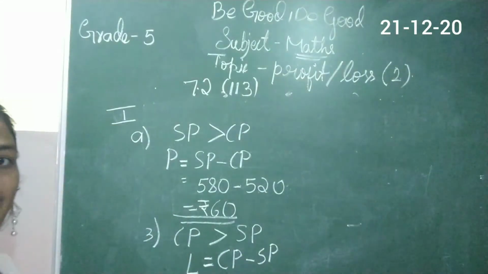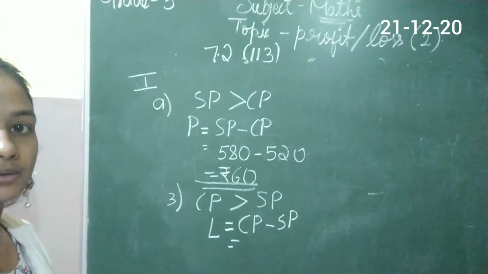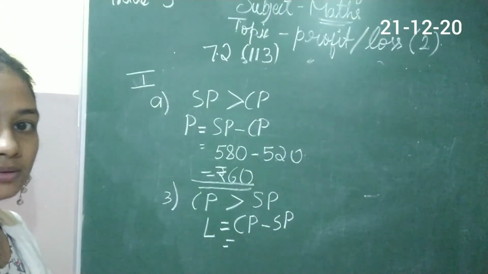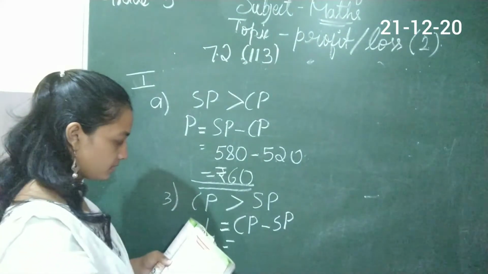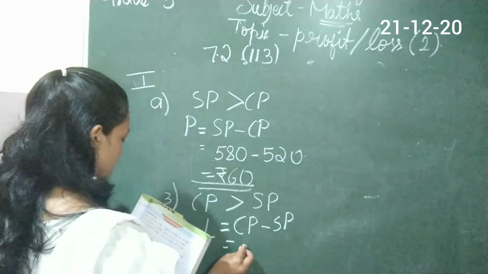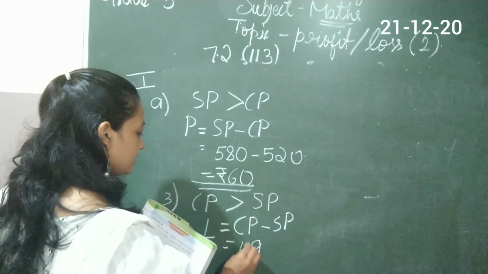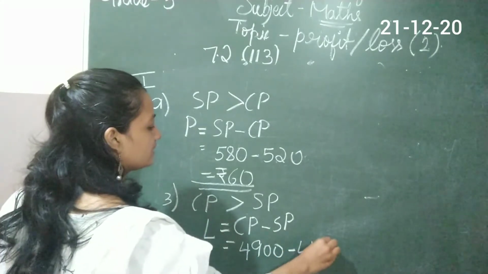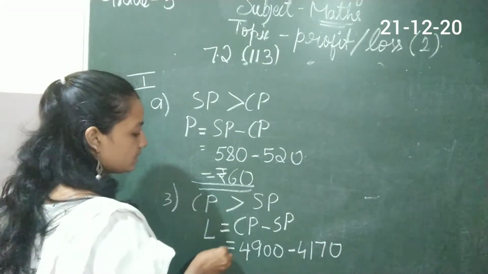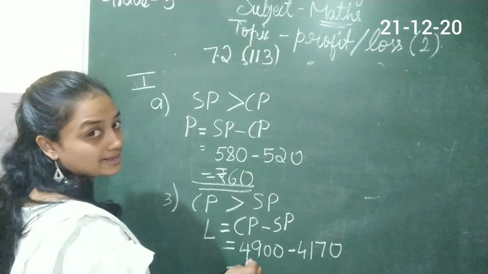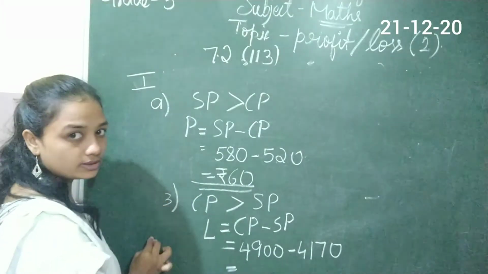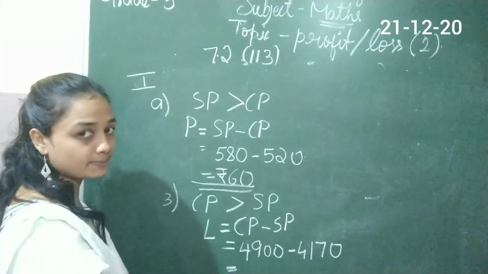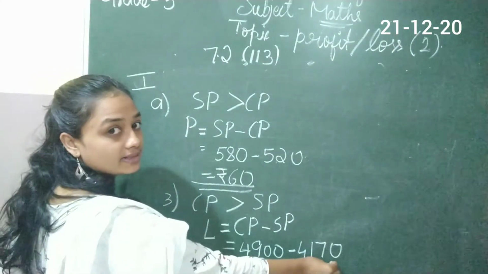So let's subtract them. So CP is 4,900 minus 4,170. If you are not comfortable in subtracting in this way, please write down the numbers in the vertical way and subtract it. I am subtracting in this way.